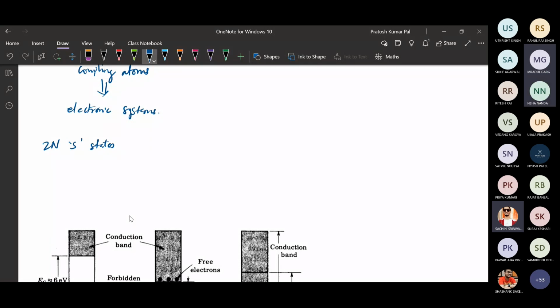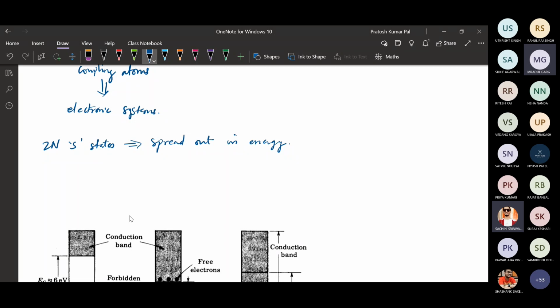So this 2n states is going to spread out in energy. Okay, that means whatever energy state was there previously, when the atoms are far apart, the energy state was a straight line.